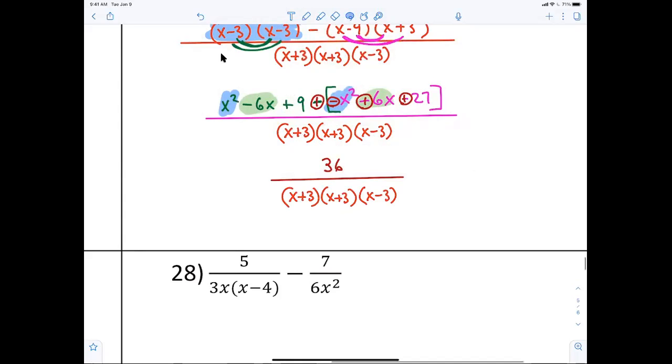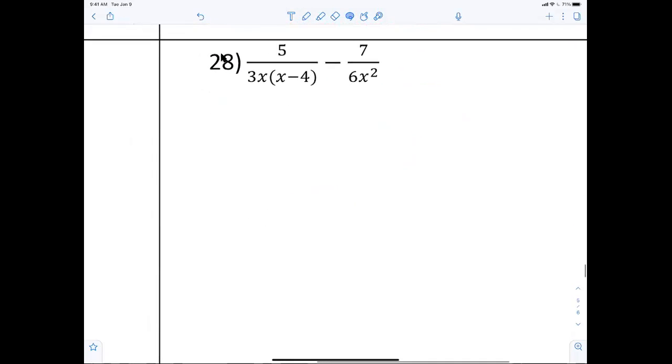All right, let's knock out 28. So once again, common denominator. So we look at the numbers 3 and 6. What's common? I know 3 is common, but I want you to tell me what would be the common denominator with 3 and 6.